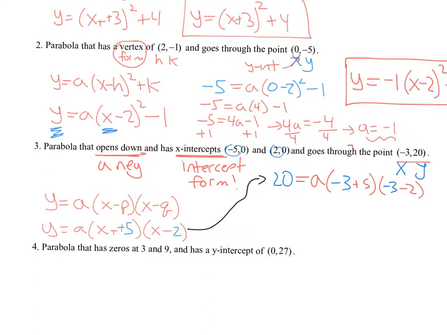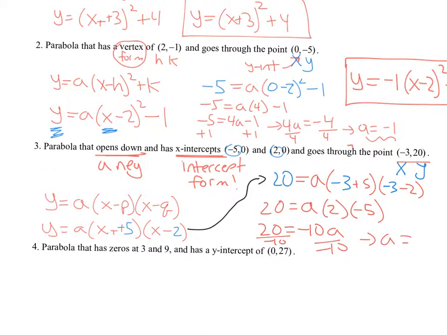And then let's solve it. So this is 20 equals a times 2 times negative 5. That's 20 equals negative 10a. And if I divide by negative 10, I get that a equals negative 2.